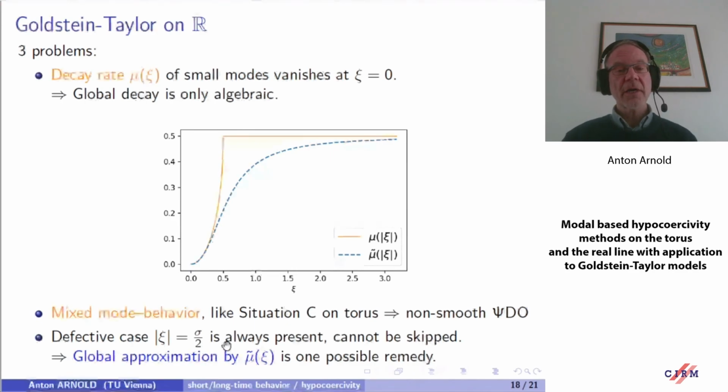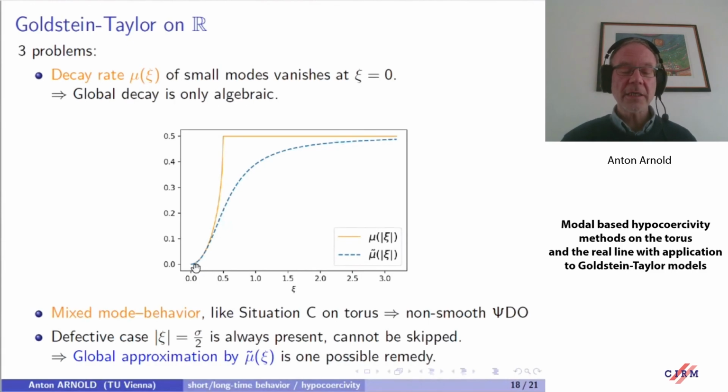So therefore, one possible remedy that I'm going to show you today to solve all these three problems is to somehow give up a little bit on the best possible decay estimate in this intermediate region here, and approximate this orange curve by this dashed blue curve.